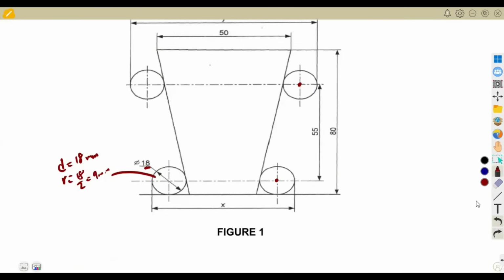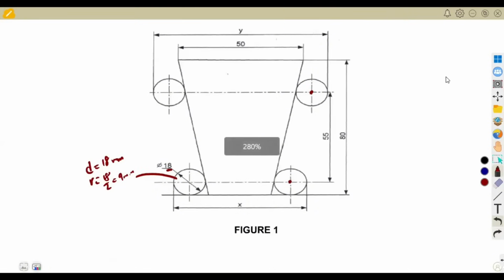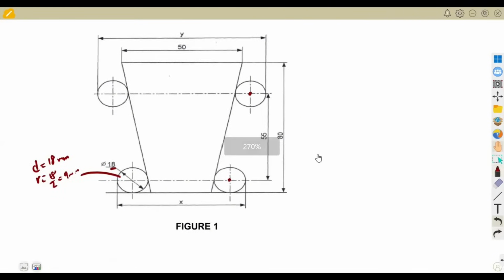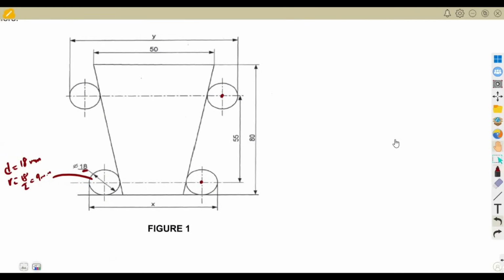So, guys, you just have to be very, very careful how you calculate this. Your information is very important. Let me explain this so that you'll be able to understand. We want to calculate the distance X on the bottom and the distance Y at the top of the rollers.